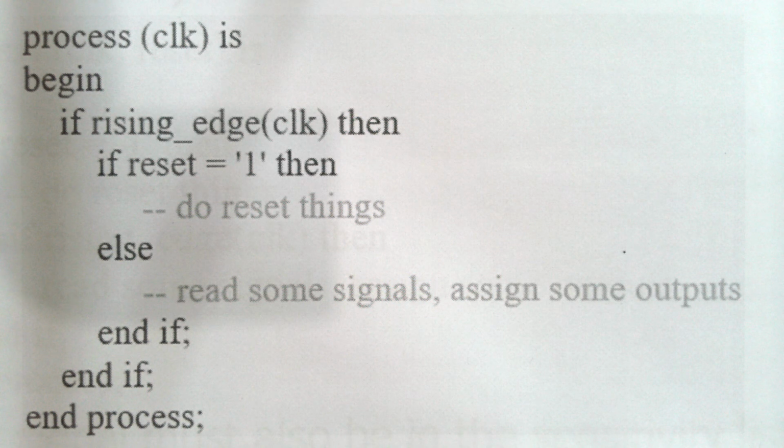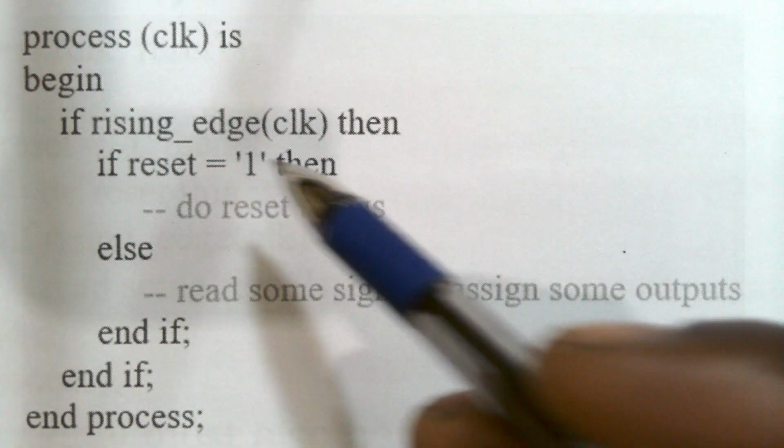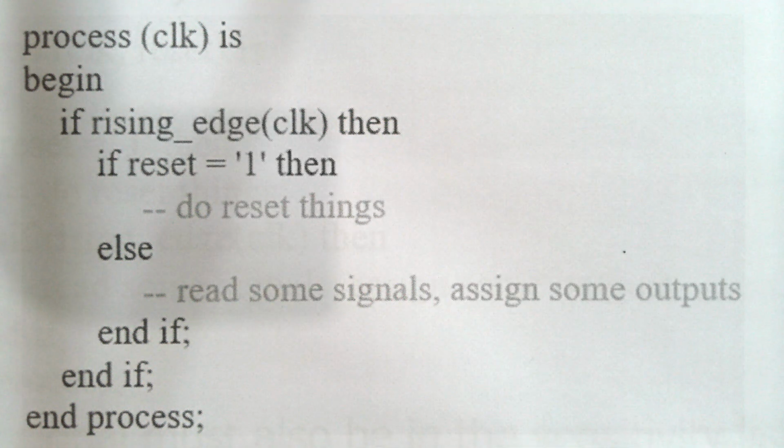So the process will be notified of changes of everything in line with the clock. The reset is in line with the clock. So every change of reset would be seen and notified and propagated to the process, since the clock is in the sensitivity list. So in that case, we don't have to put reset in the sensitivity list.